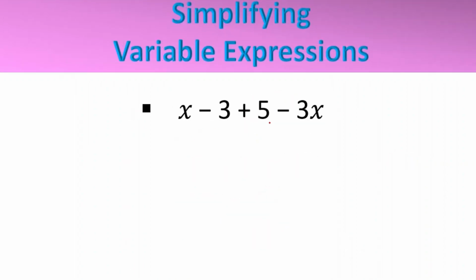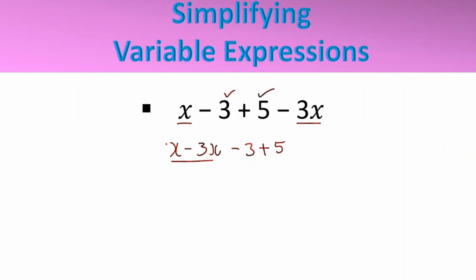x minus 3 plus 5 minus 3x. Let us regroup the like terms. Here we can see two variable terms and two constant terms. So we can regroup the variable terms together and constant terms together. First, let us regroup the variable terms: x minus 3x, then minus 3 plus 5. Now let us simplify the variable term.